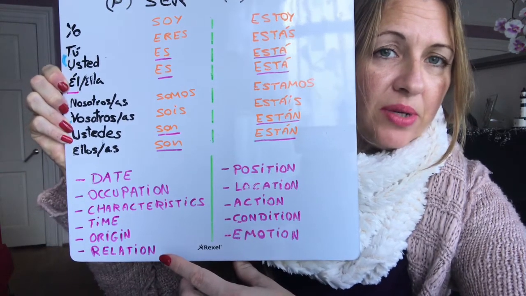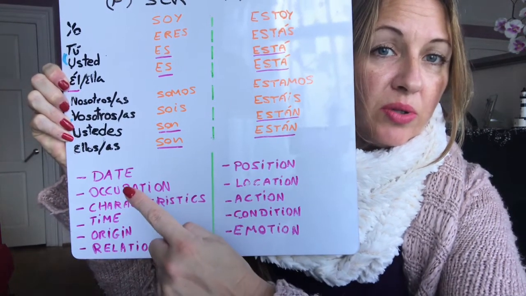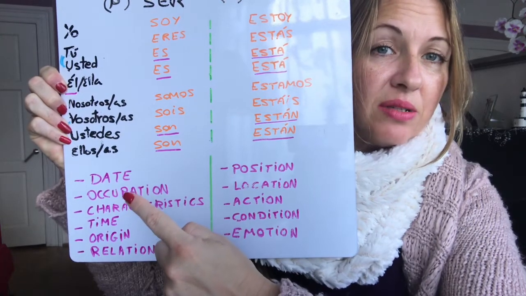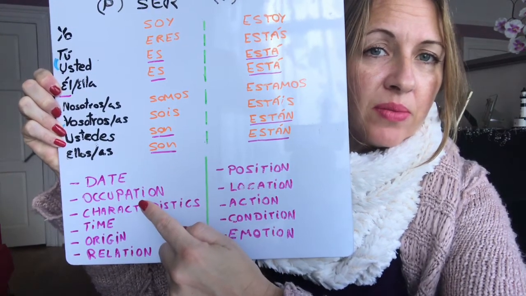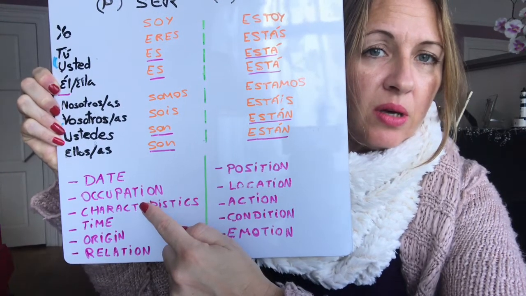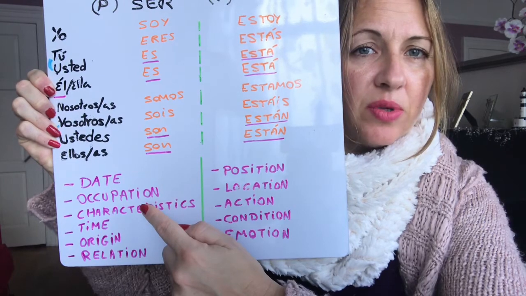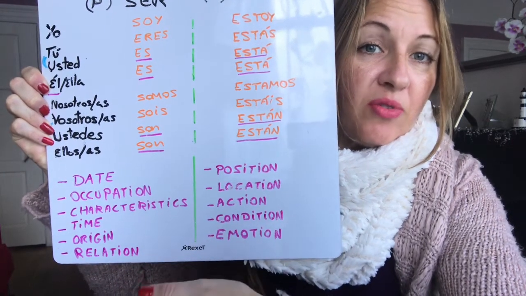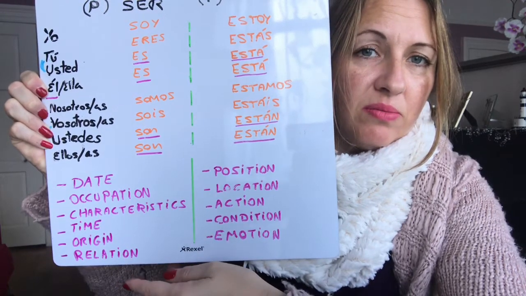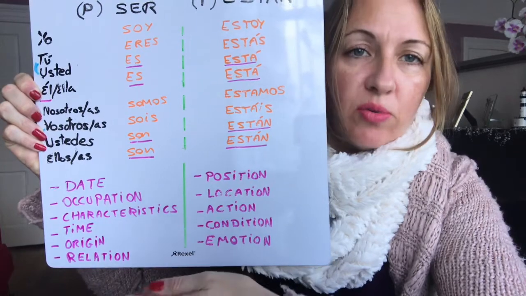So the verb ser would be used when we talk about dates, when we say the date, like the day of the month, or the day of the week. Then we have occupation, so our profession, or if we are students, or we can say we are students or housewives or whatever we are.